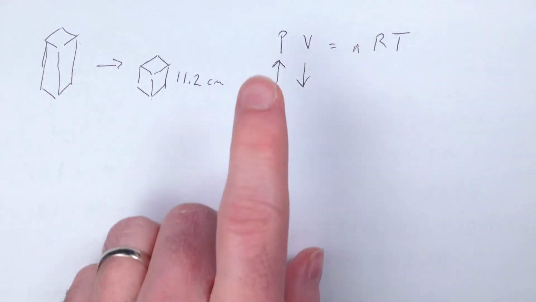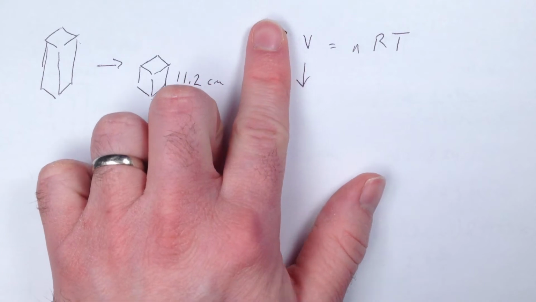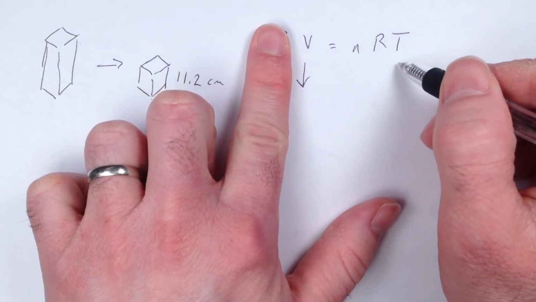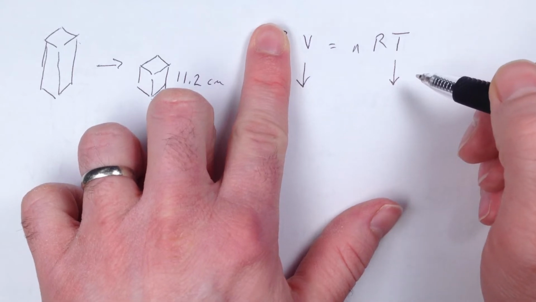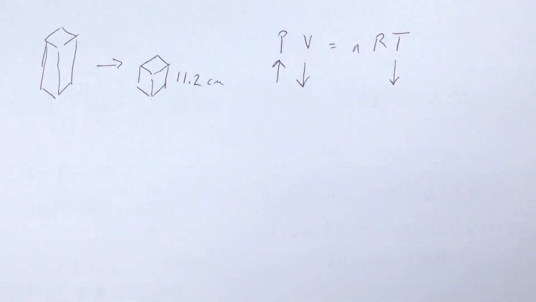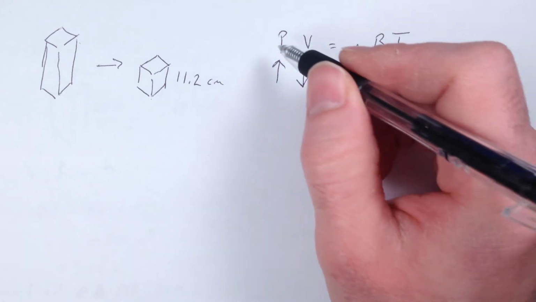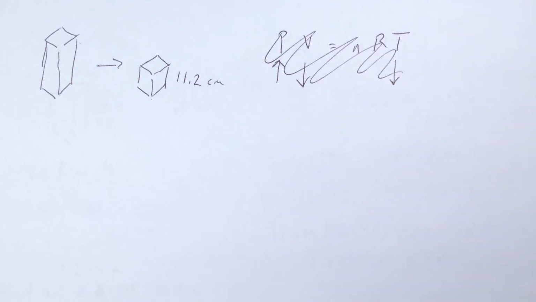However, if this side stayed all the same, then the temperature would have to go down. Now, if both sides change, then this just gets really, really complicated. So what we're going to do is forget about all that.